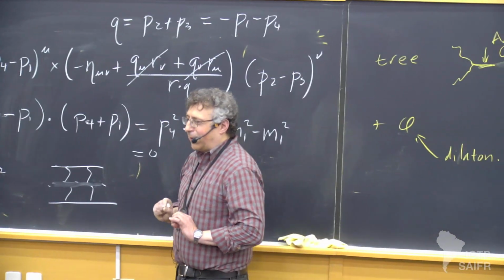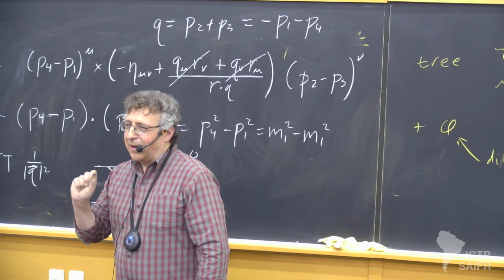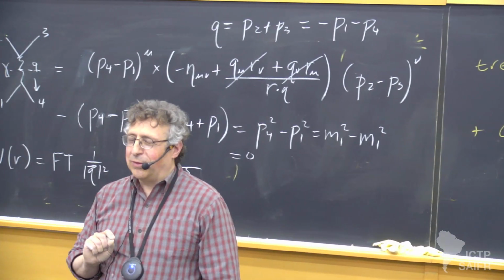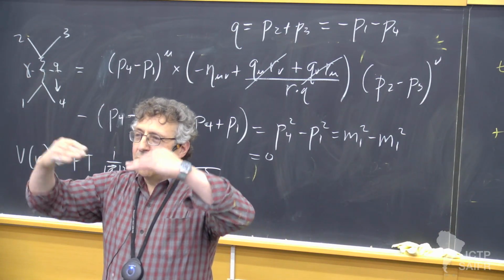And the way you do that is you just use momentum conservation in the right way. And that I should explain privately how you do that, but it's an algorithm that you can continue to use at loop level over and over again.